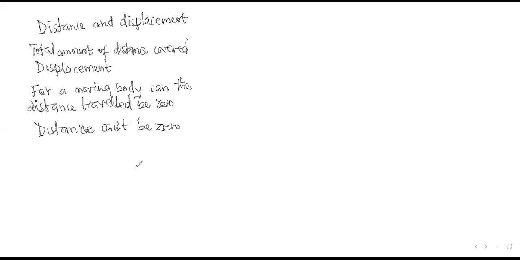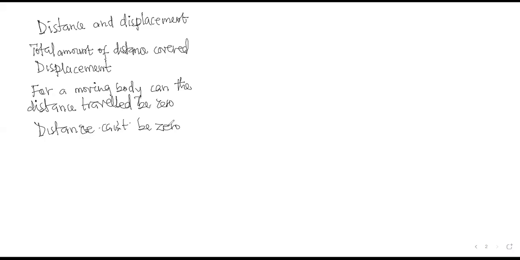Yes. Who is saying yes? Gideon, explain to us. Why do you think? Yes, I agree with you. Once the body is moving, distance traveled cannot be zero. But why are you saying that displacement can be zero?